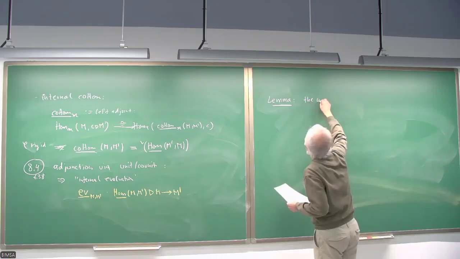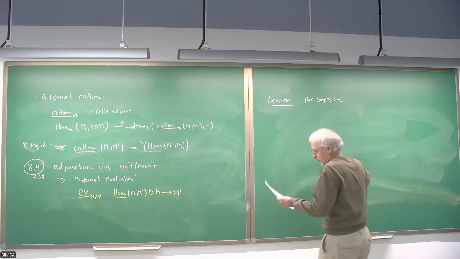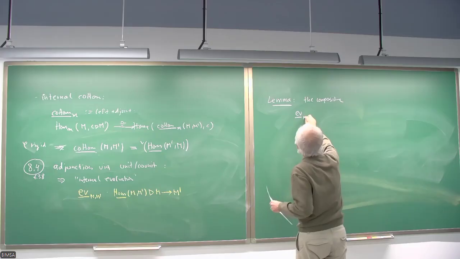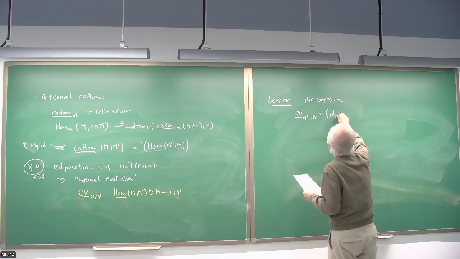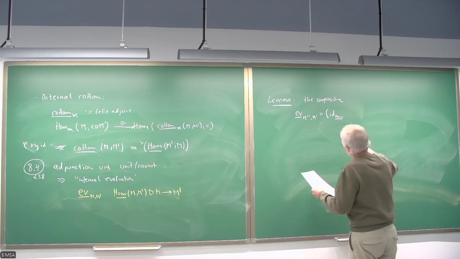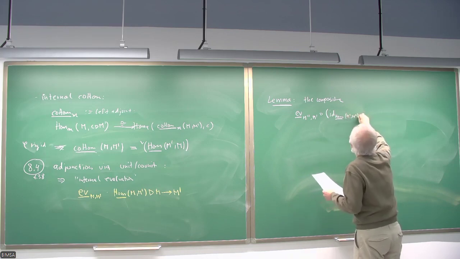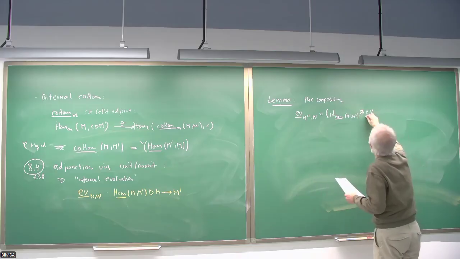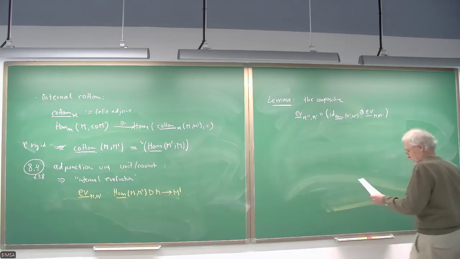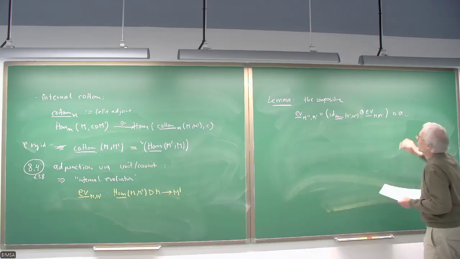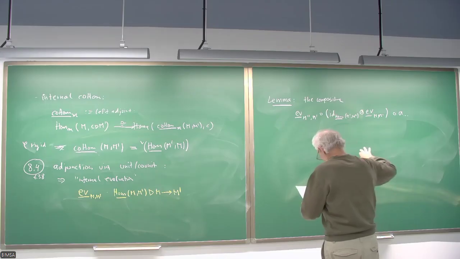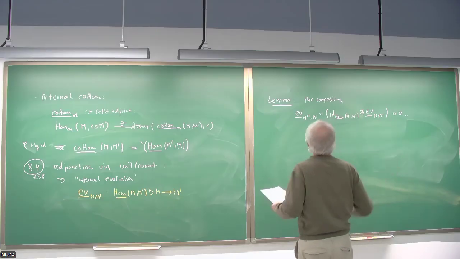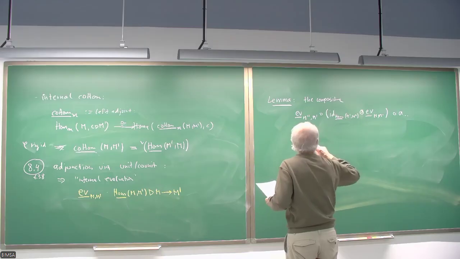If you look at the composite, where we take the internal evaluation for M double prime and M prime, composed with the identity on the internal hom of M prime and M double prime, with the evaluation for M and M prime, and then composed with an associator such that we get the right morphism with the right domain.